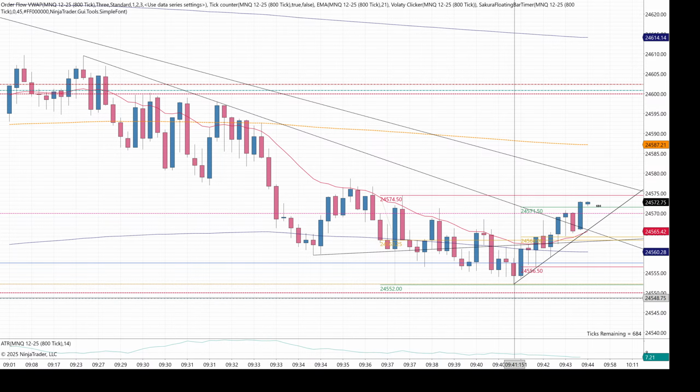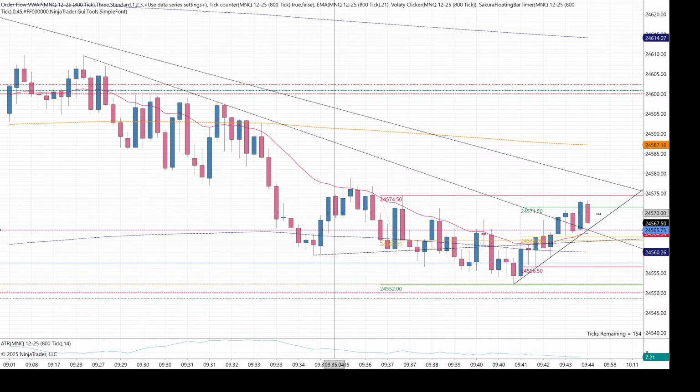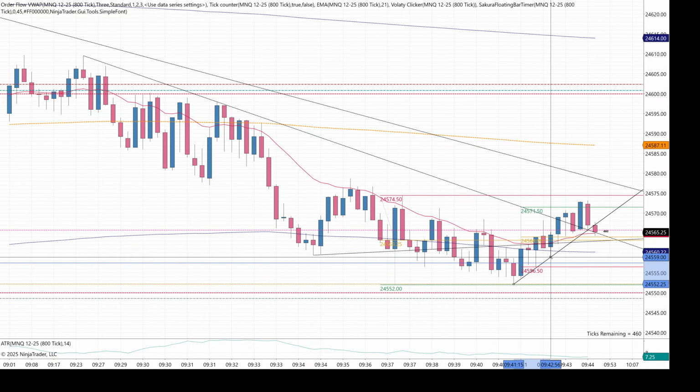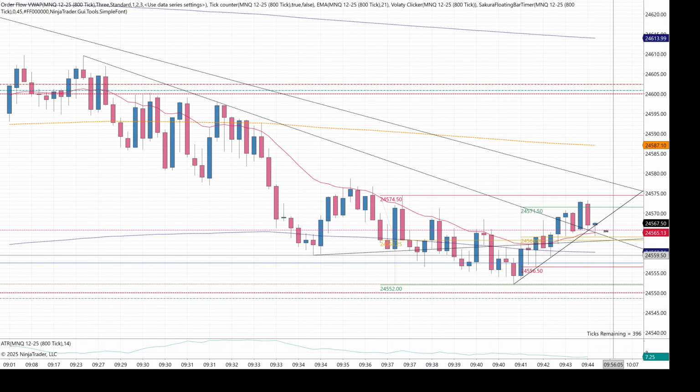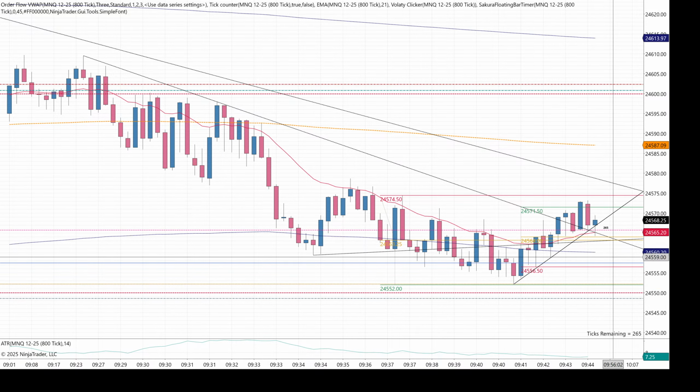Okay, the bullish move worked. Not that we would have taken it, but let's keep track of the runner. Runner is taken out.